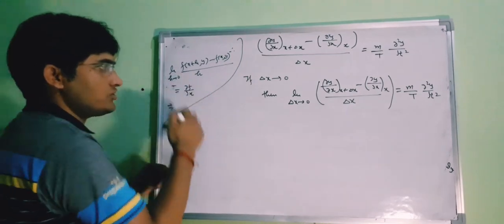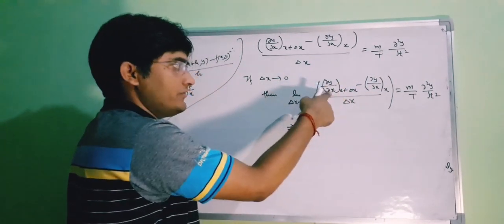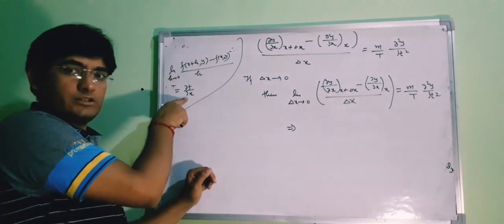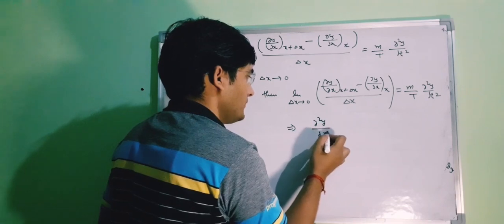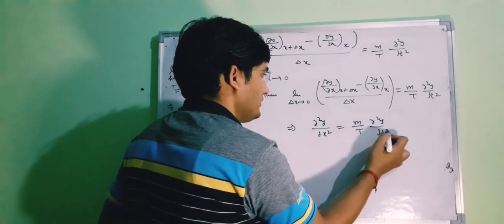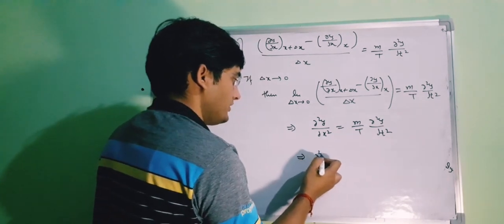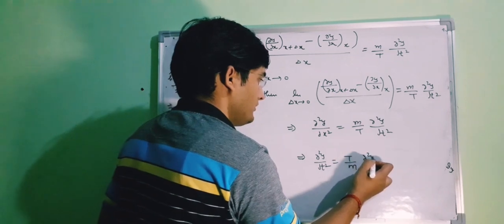Taking one more derivative with respect to x, we get del 2 y upon del x2, and on the right hand side m upon T del 2 y upon del t2. So del 2 y upon del t2 equals T upon m del 2 y upon del x2.